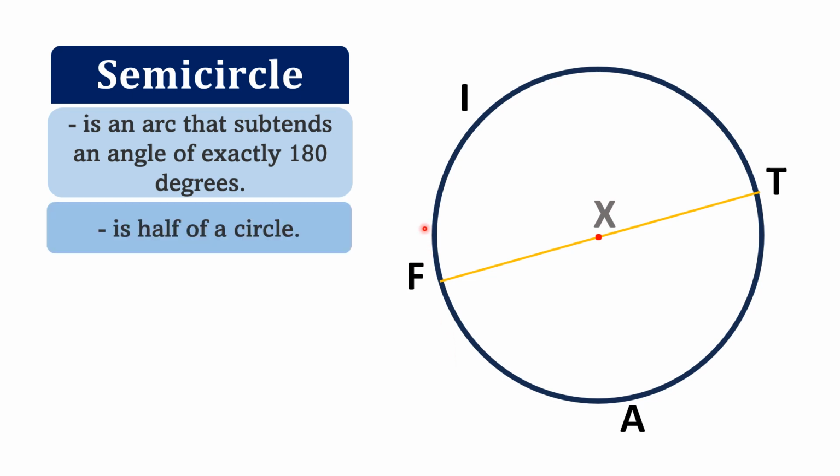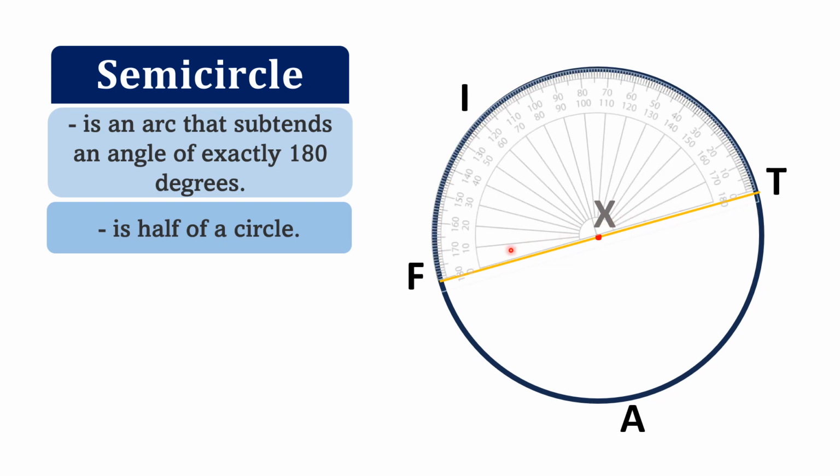Therefore, a semicircle is half of a circle. A very good example of an object that represents a semicircle is the protractor.